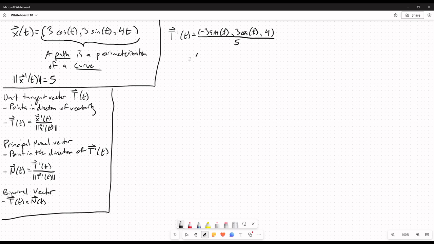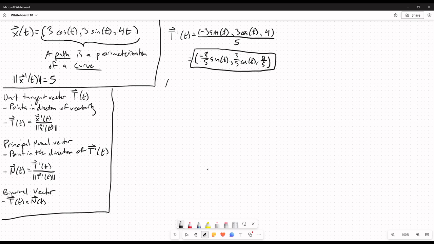We can rewrite that as negative 3/5 sine of t, 3/5 cosine of t, 4/5. Okay, so that's done. We found our unit tangent vector, and it helped that we'd already found the speed.